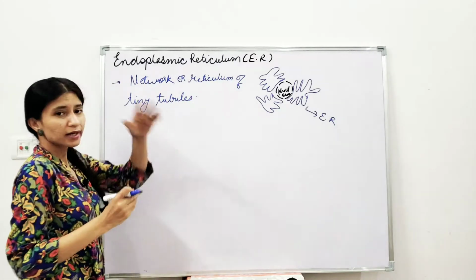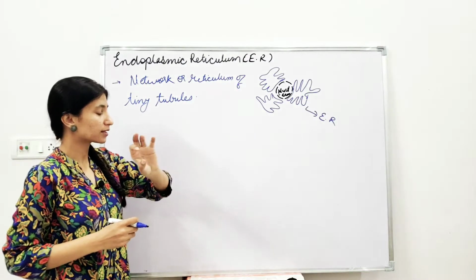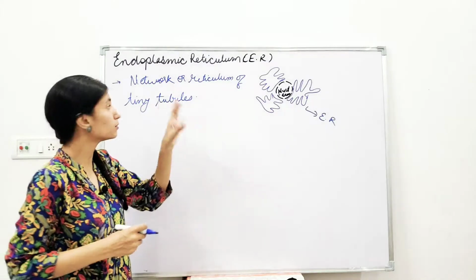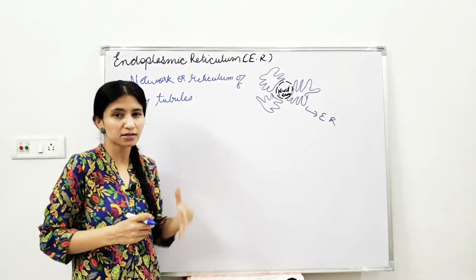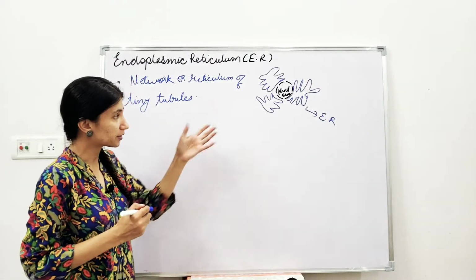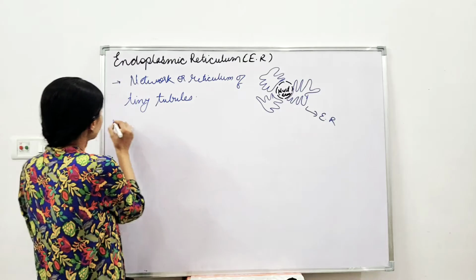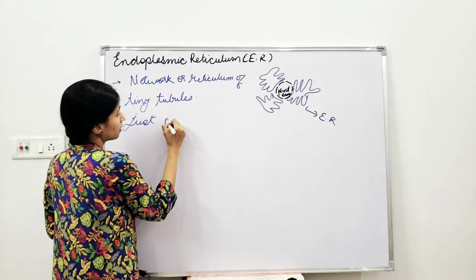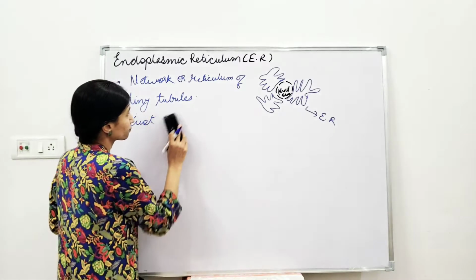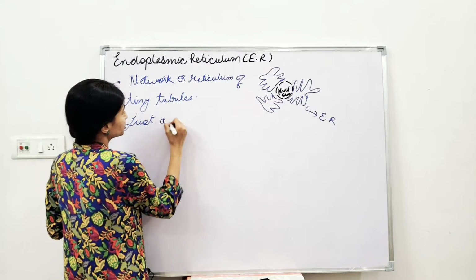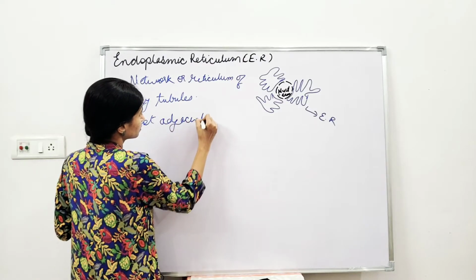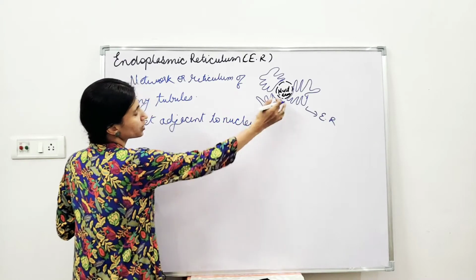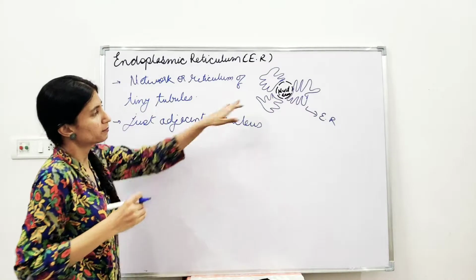So there is a tubule-like structure of the endoplasmic reticulum, placed just adjacent to the nucleus, which means just outside the nucleus.